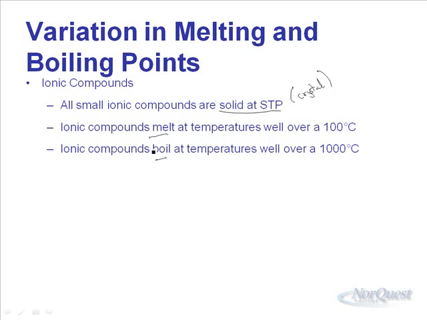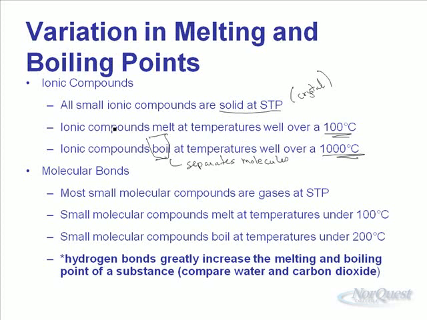If you look at melting and boiling, what this does is this separates molecules. It gives molecules enough energy to pull away from each other. Because in ionic compounds we're dealing with ions, almost all of them melt well over 100 degrees Celsius. Most of them boil well over 1,000 degrees Celsius. So high melting, high boiling points when we're looking at ionic compounds.